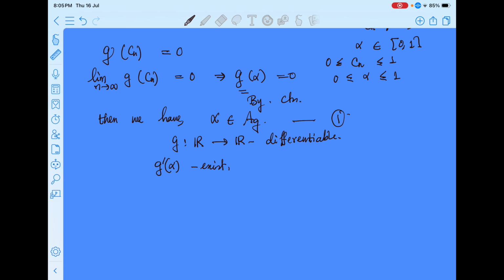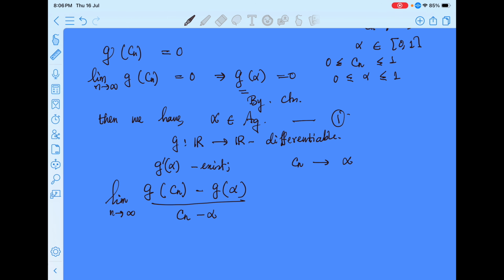Now if we take any sequence tending to alpha, you can compute g prime of alpha by the limit of g of Cn minus g of alpha divided by Cn minus alpha. If you compute this limit, you can get the value of g prime of alpha, right?